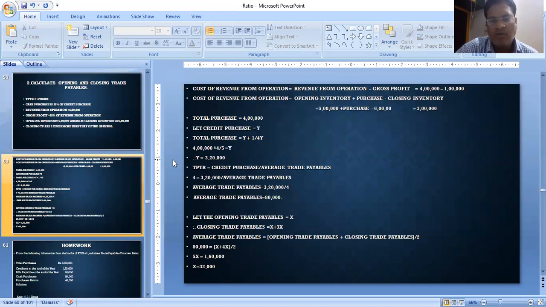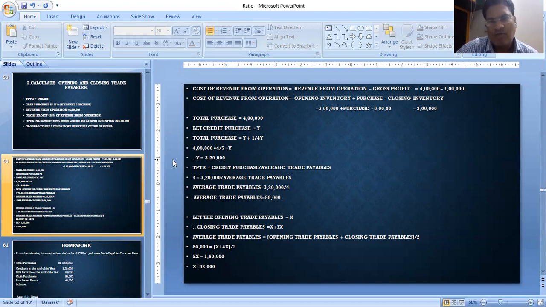Now the cost of revenue from operation formula, you remember: opening inventory plus purchase minus closing inventory. Opening inventory is 5 lakhs, purchase we don't know, closing inventory is 6 lakhs, and we get 3 lakhs as the cost of revenue from operation.